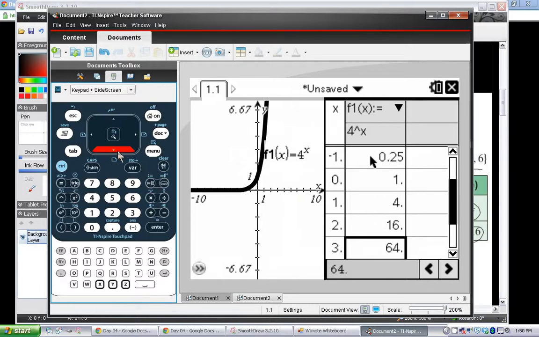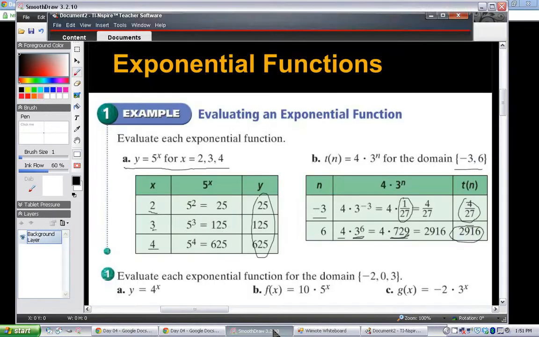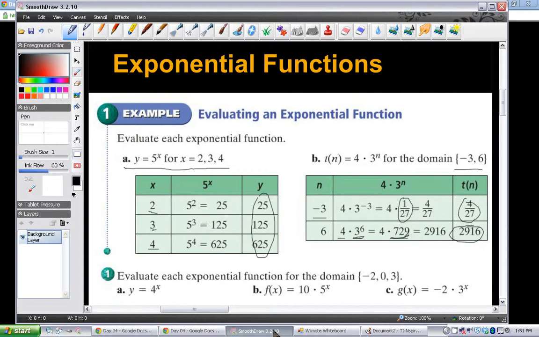So those are the points, and all that means is 4 raised to the 3, 4 times 4 times 4 is 64. 4 raised to the 0 is 1, and then 4 raised to the -2 is 0.0625. And that's all you have to do to be able to evaluate the exponential function for that domain.